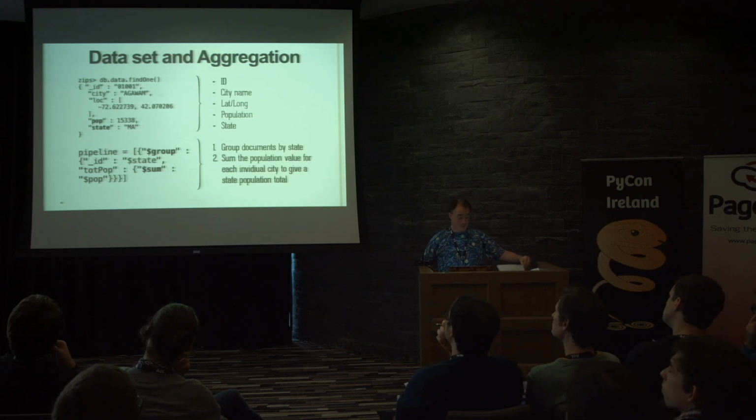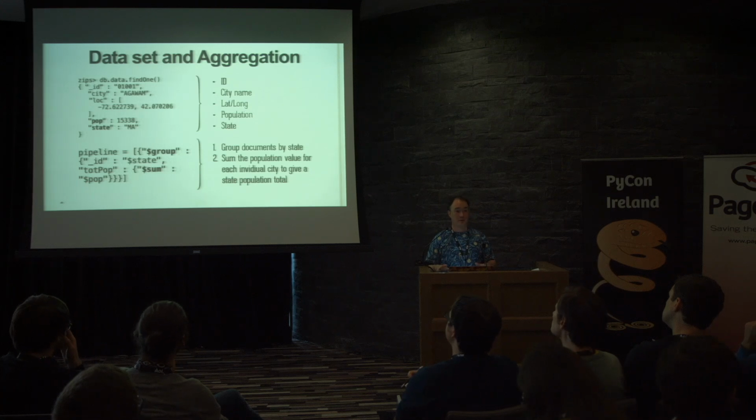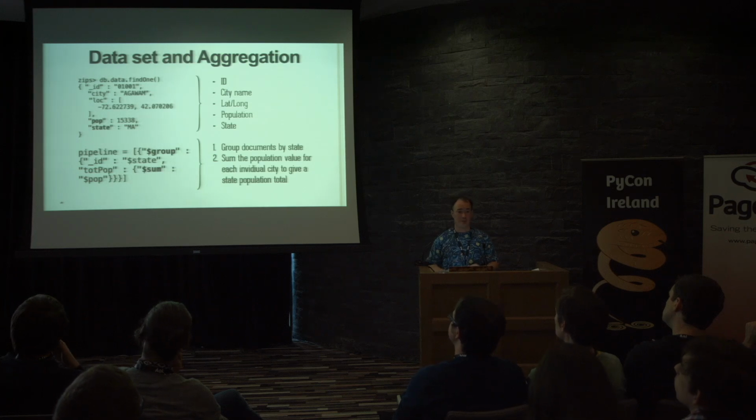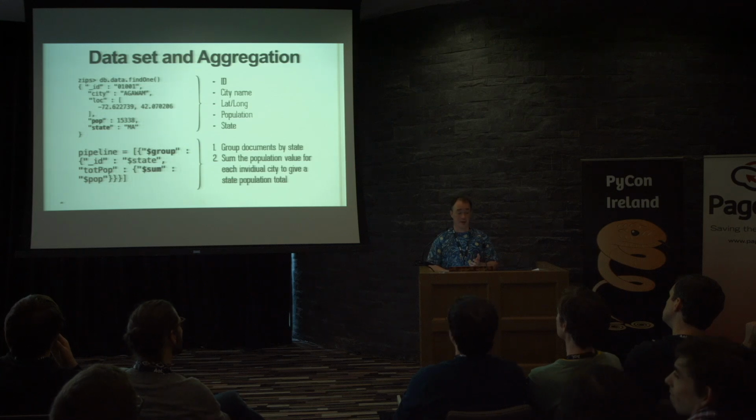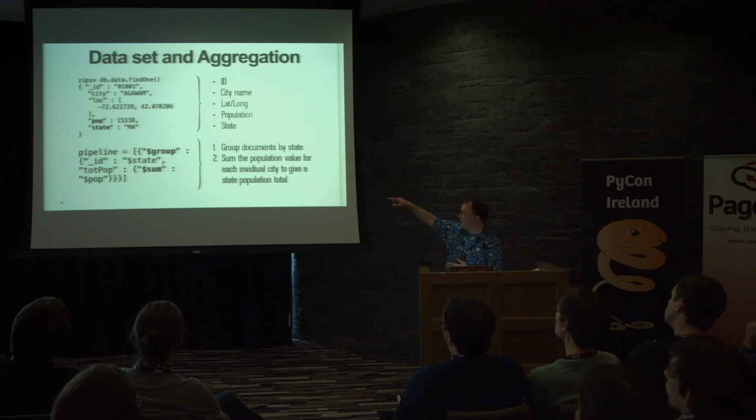So this is the pipeline. If you've used MongoDB before, you might be familiar with the Mongo shell, which is the console within the database. It's the exact same pipeline command you'd use. All this is going to do on that data is group each of the documents by their state, which is the dollar group.